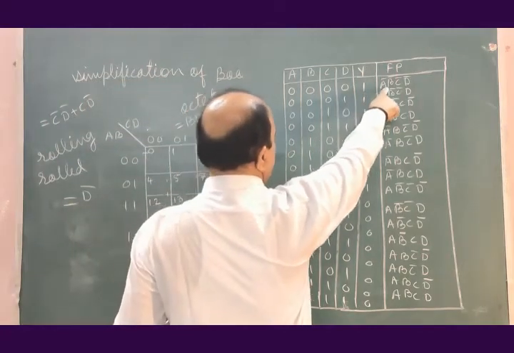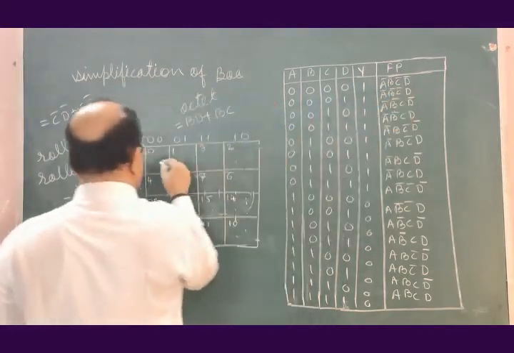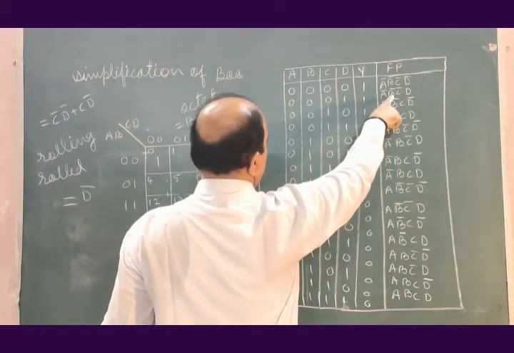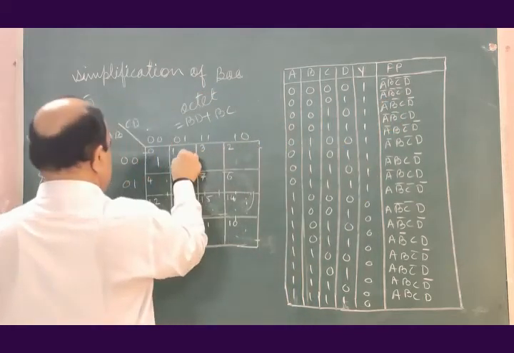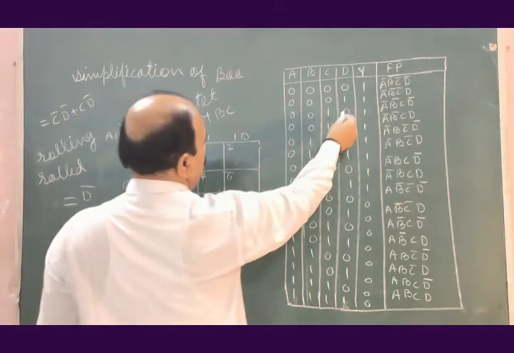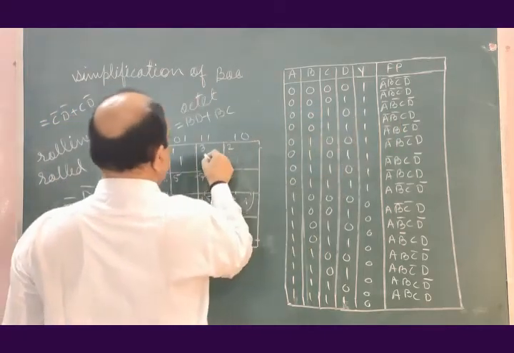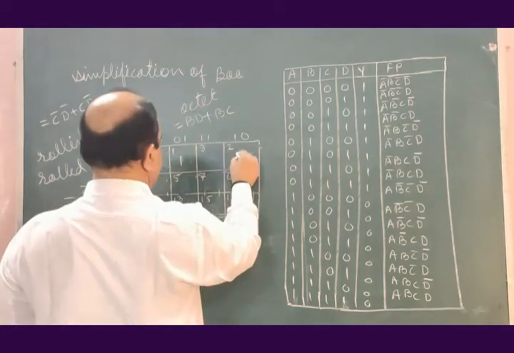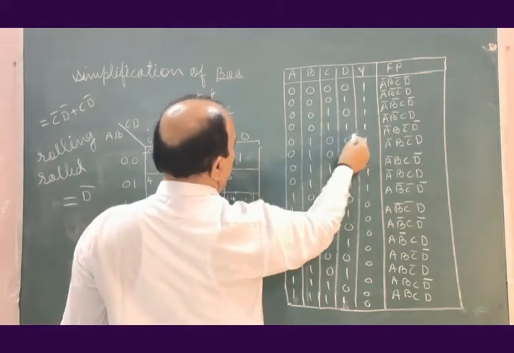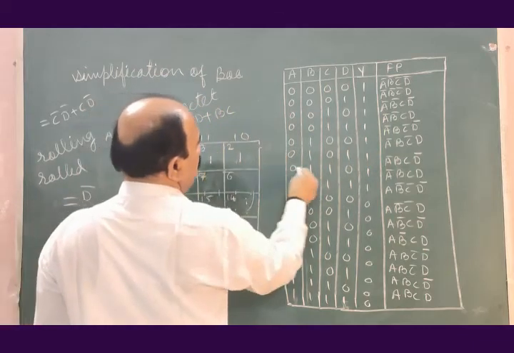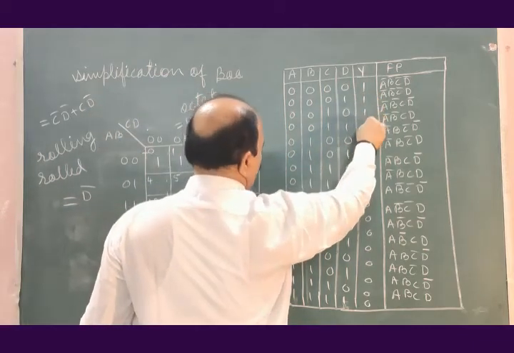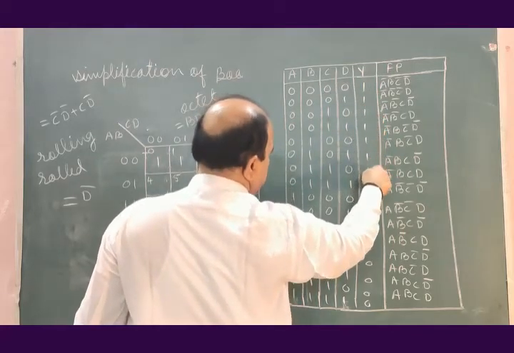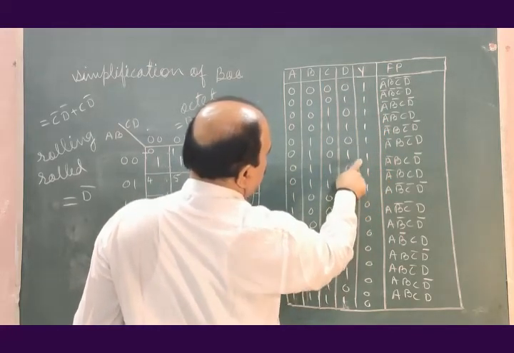This one corresponding to A bar, B bar, C bar, D bar, introduce here. This corresponding to A bar, B bar, C bar, D, introduce here. This is A bar, B bar, C, D bar here. Fourth one here. 1, 2, 3, 4. 4 more are left. 1, 2, 3, 4, 5, 6, 7, 8. 4 more are left.